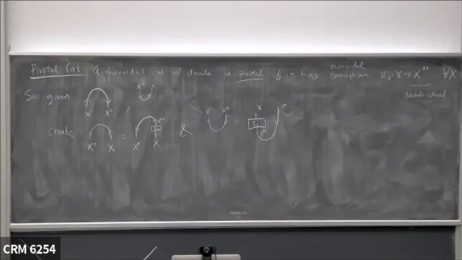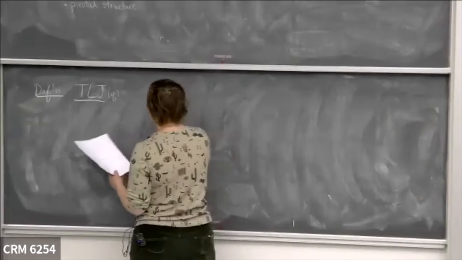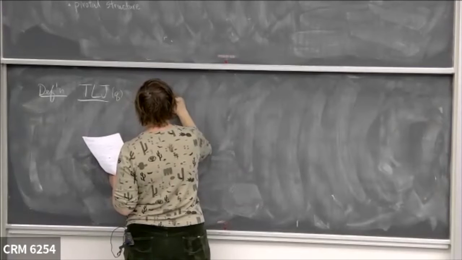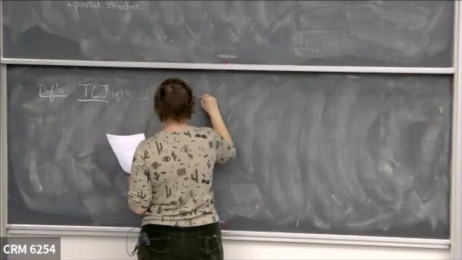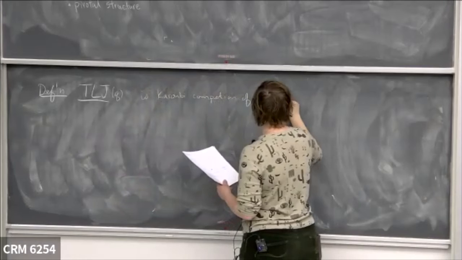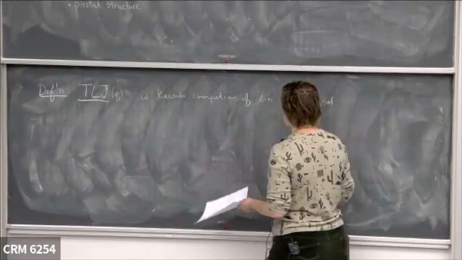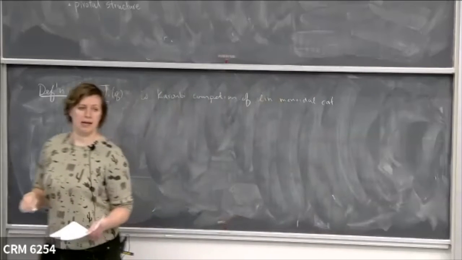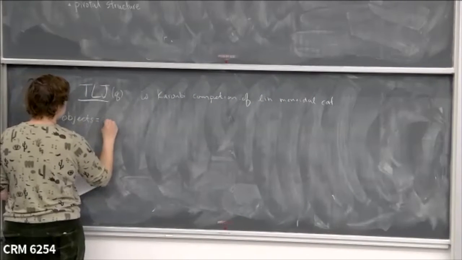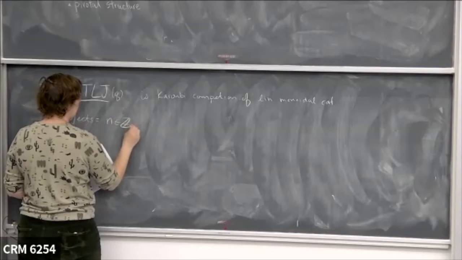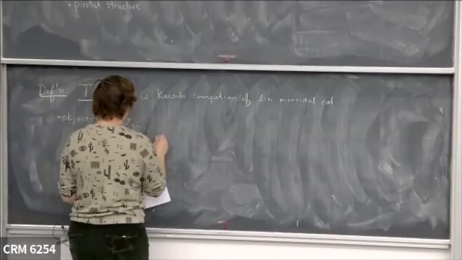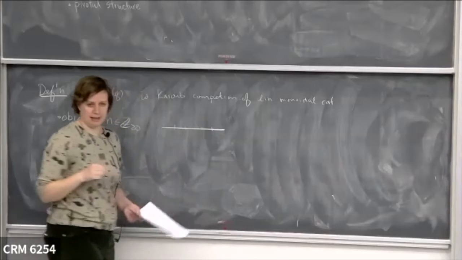The Temperley-Lieb-Jones category, TLJ. We need to include a q in here, in fact. It is the Karoubi completion of the linear monoidal category given by, okay, our objects are just non-negative integers thought of as points on a line.